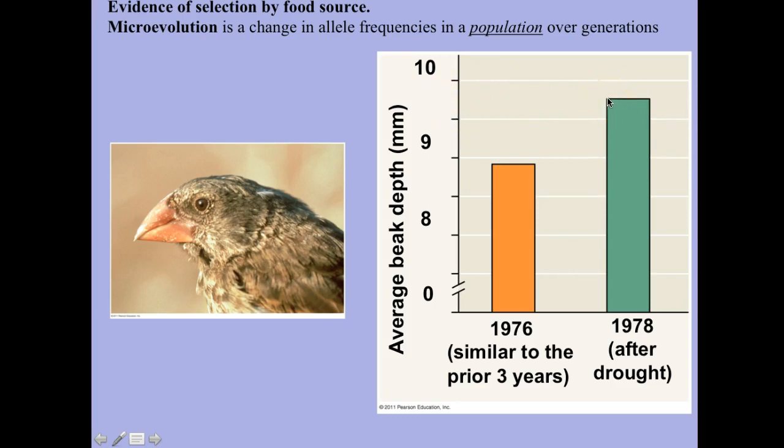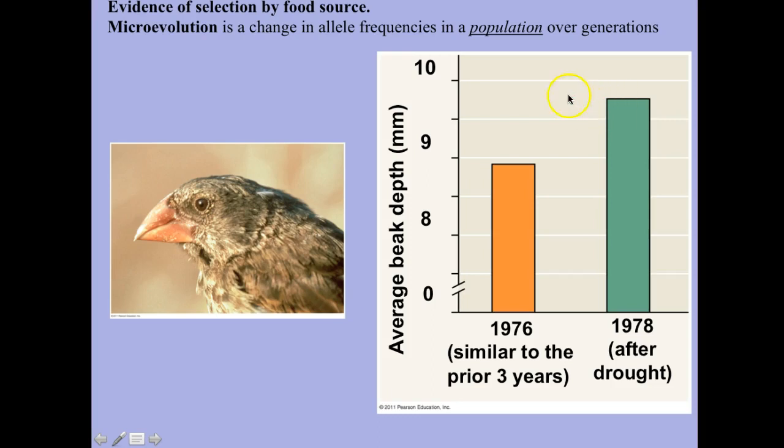And then they compared it to data they took years earlier, before the drought, where the average beak depth was about 8.9, let's say. So not a huge difference. From the naked eye, you probably can't notice a difference like that. But when you actually record the data and put it into charts and document it, you start noticing these differences a little bit more. And so what did they notice?